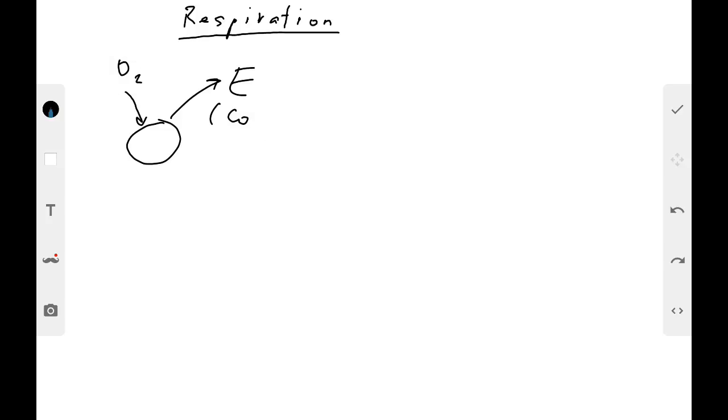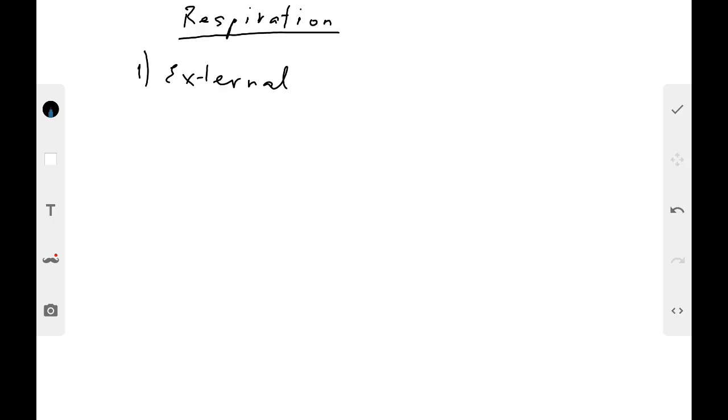Respiration consists of several stages, several components. The first is so-called external respiration. External respiration is the exchange of air between lungs and environment.